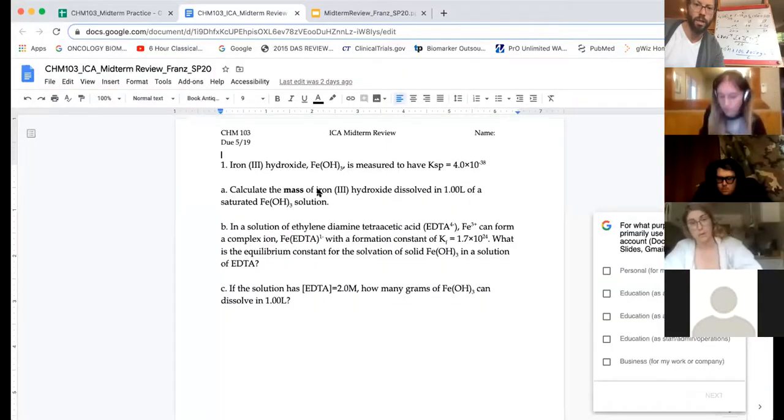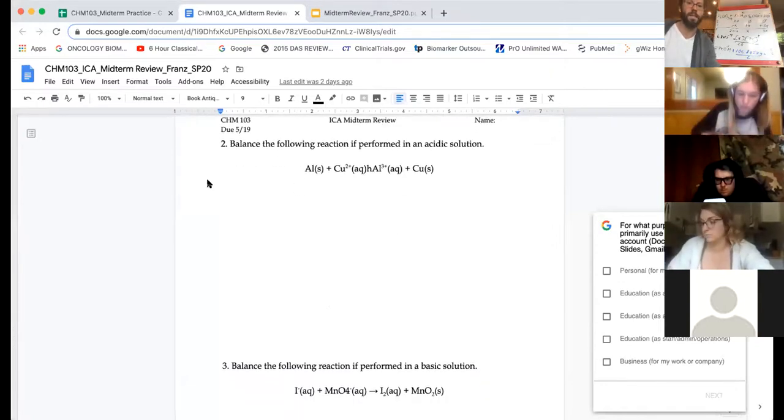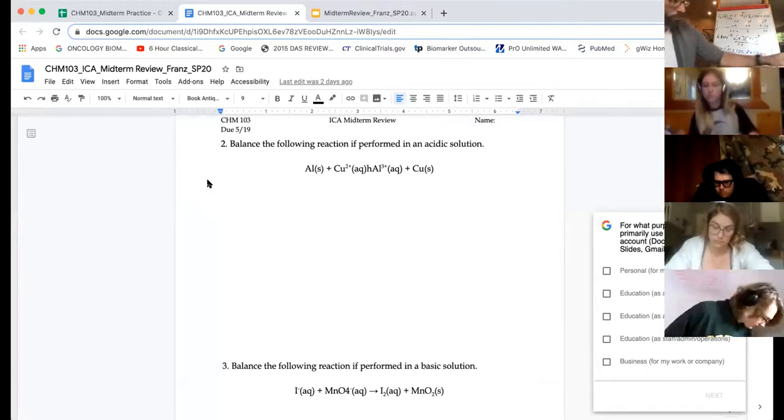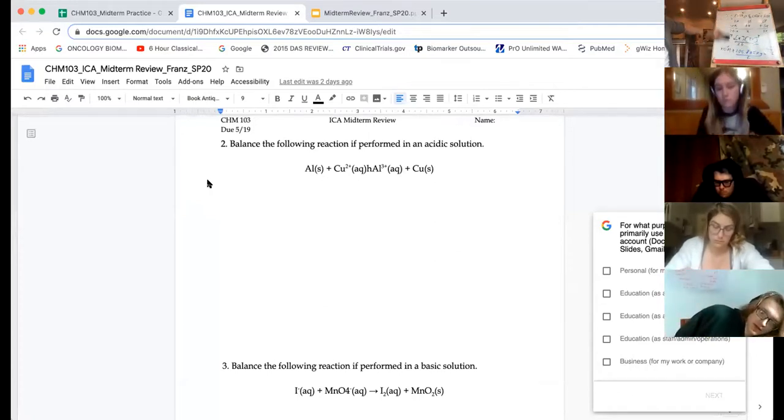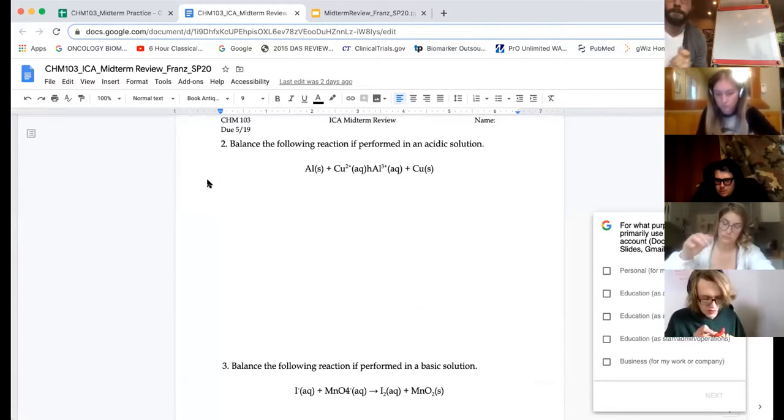That brings us to our second problem. Balancing these reactions. So what do we have to do? We have to break them up into their half reactions. We should figure out what's being oxidized, what's being reduced, and go from there, right?